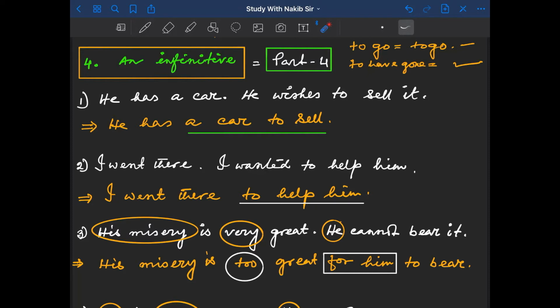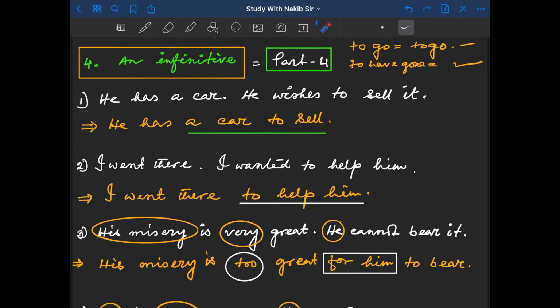Now, functionally, an infinitive is divided into two categories. The first part is simple or noun infinitive, and the second part is called gerundial infinitive, or qualifying infinitive.